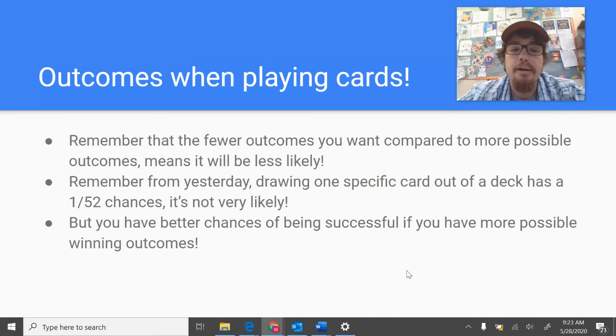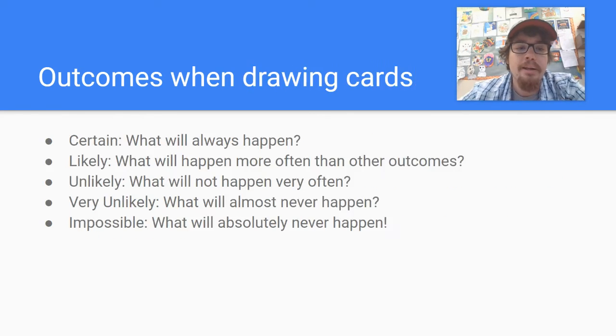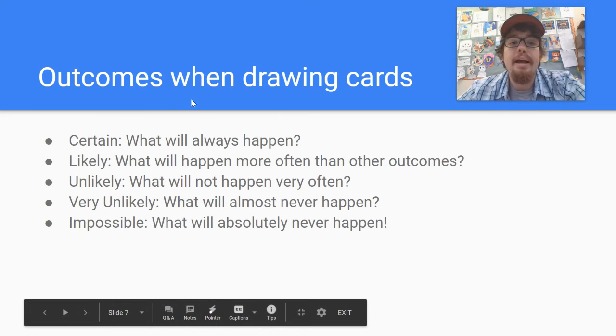But you have a better chance of being successful if you have more possible winning outcomes. So instead of saying, I specifically want the Queen of Hearts, saying you want maybe just a red card, you have a better chance of it happening. If you want a diamond, you have a better chance of it happening. Even if you say, I just want any queen, you have a better chance than saying specifically the Queen of Hearts. Okay? So here we go.